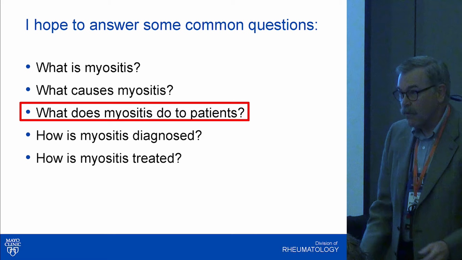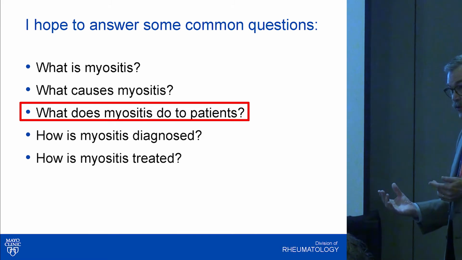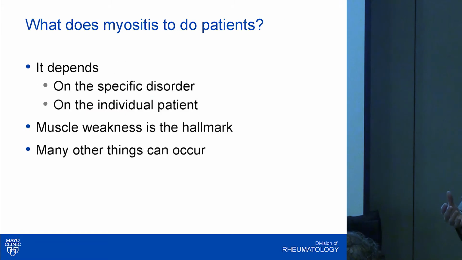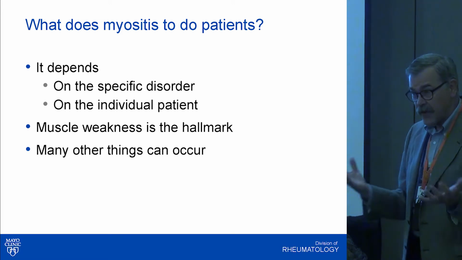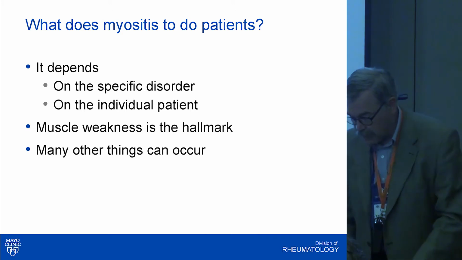It depends on what the disease is, and it depends on the individual patient. So we see a spectrum of things. We see people with rapidly progressive, terrible myositis. We see people with very slowly progressive, more of an annoyance than a health issue. So there's a broad spectrum in how things affect individual patients.